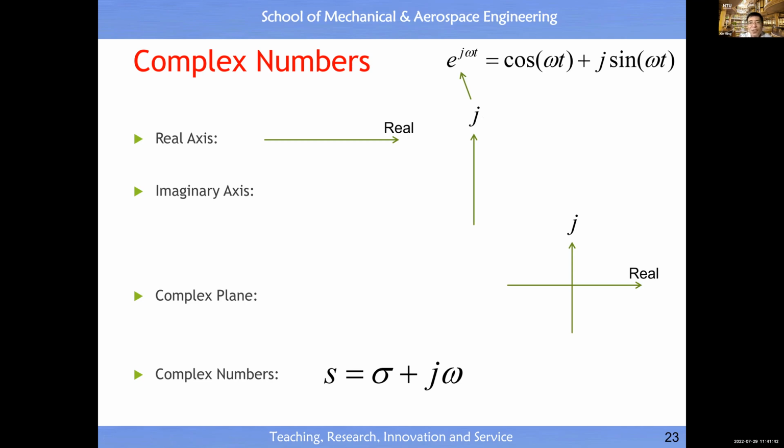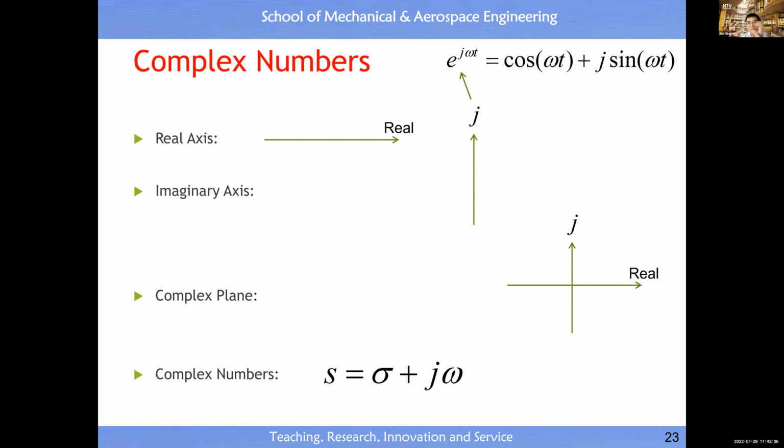J does not exist in our world. J is equal to the square root of -1. It is an imaginary space or imaginary dimension. For those of you who know religion, people may say this is a space in the heaven, in the sky.